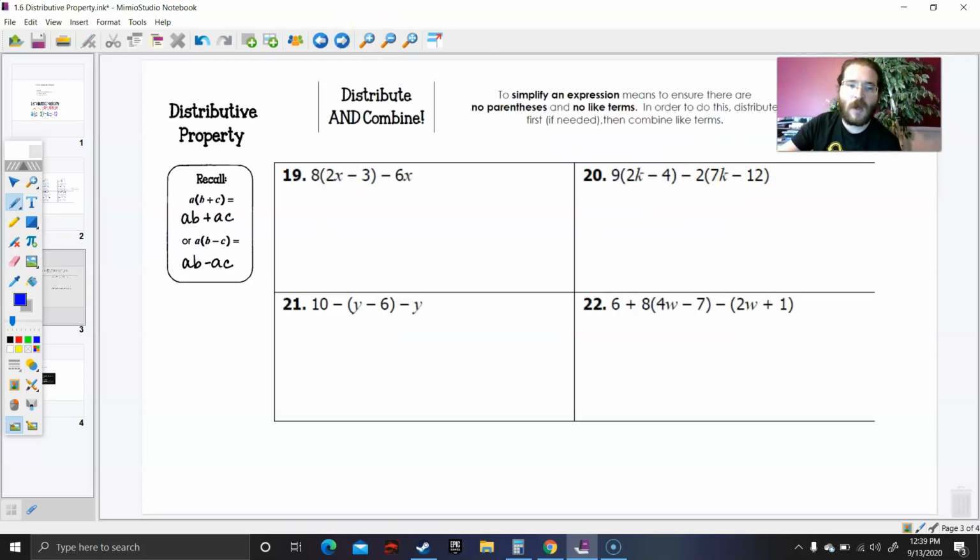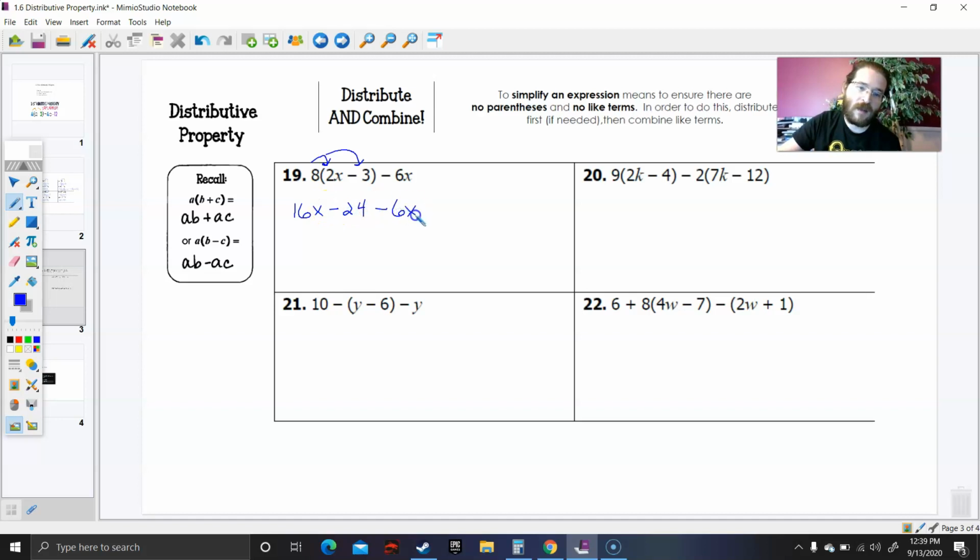So sometimes we're going to have to distribute and combine. For some expressions, you got to make sure that there's no parentheses and no like terms. In order to do this, we got to distribute first, all right? Because we have this extra part. So we have 16x. 8 times negative 3, we get negative 24.